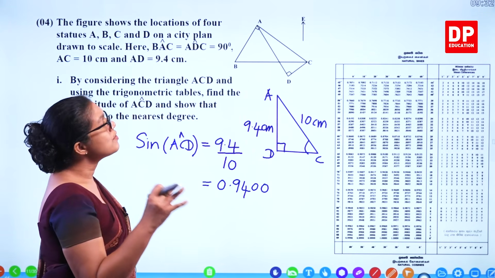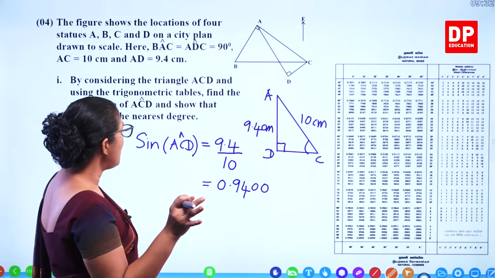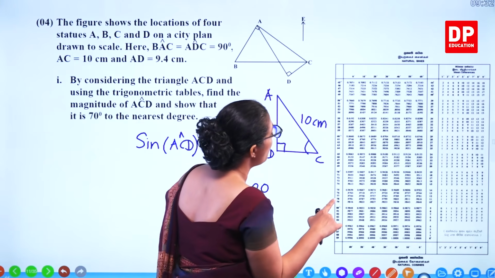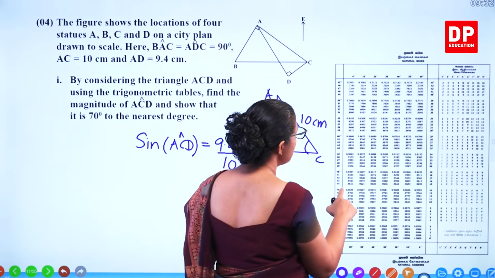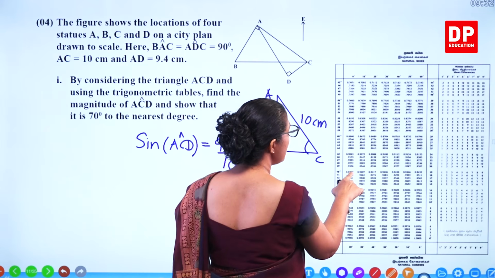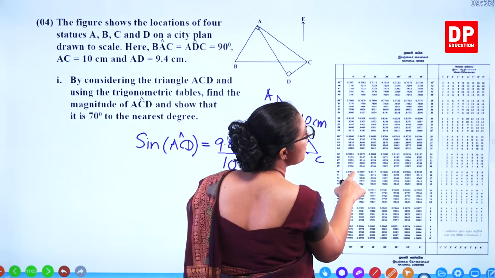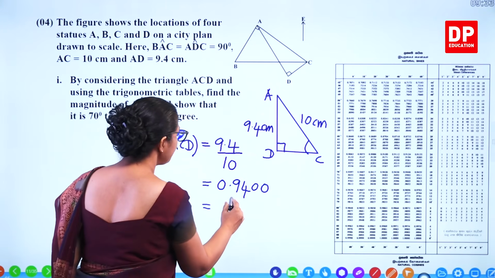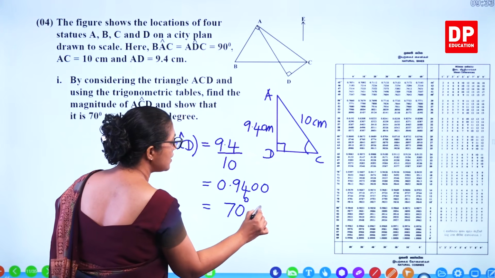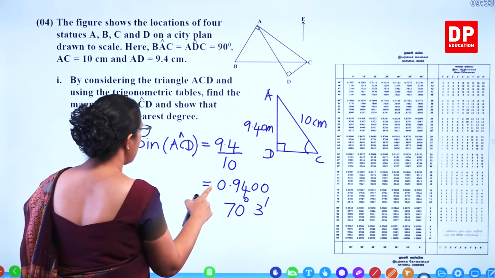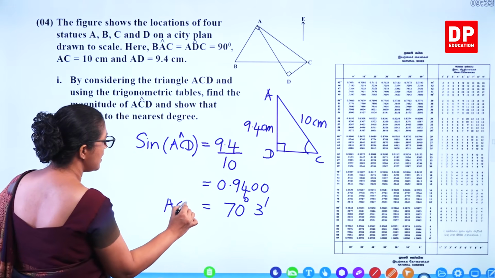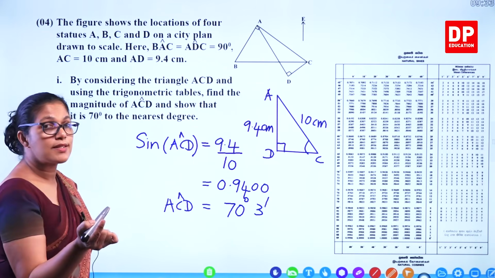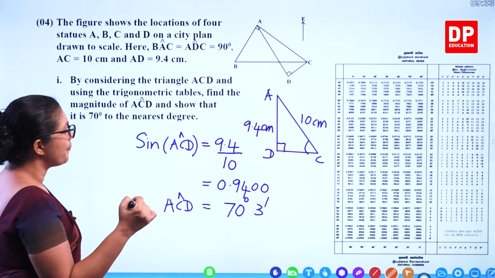So you have to use the natural sine table and refer where you get 0.94. 0.94 here, 9397 is there, so you need 3 more. That's 3. 70 and 3. 70 degrees and 3 minutes is ACD, when you refer the sine inverse of 0.94.